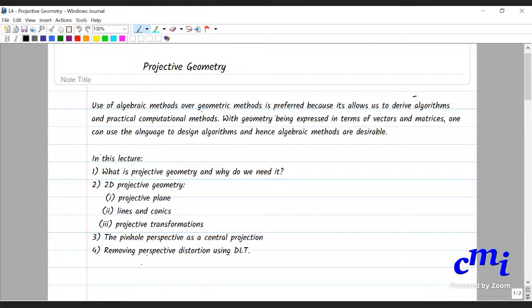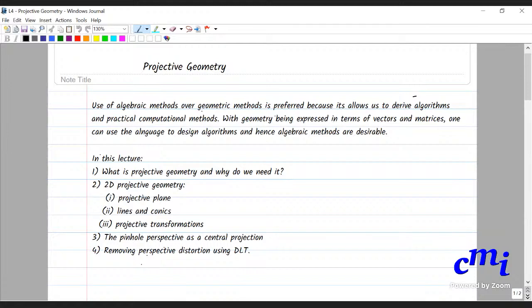Straight lines go to straight lines, and that is very important for us. In the image taking process, if nothing else is preserved, straight lines are still going to straight lines. That is what we saw in the pinhole perspective. What does not happen is that parallel lines don't go to parallel lines, right? But straight lines are going to straight lines.